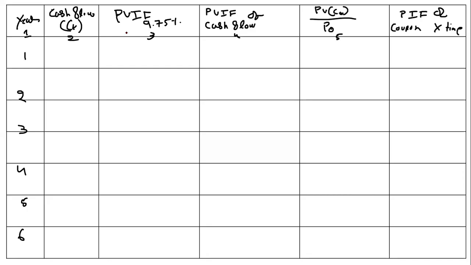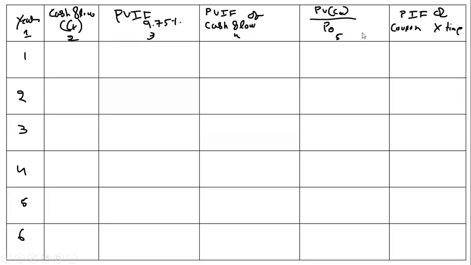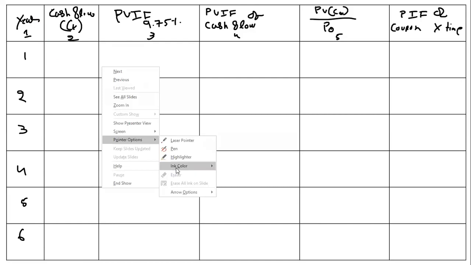Okay, so 6 we have. In the second column, cash flow, the coupon rate is 12%.